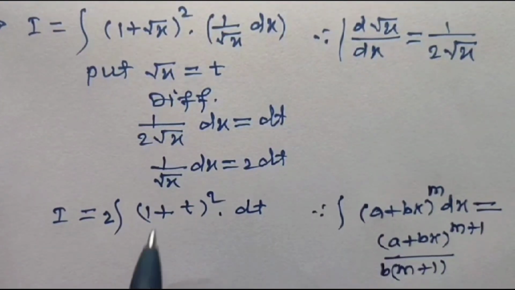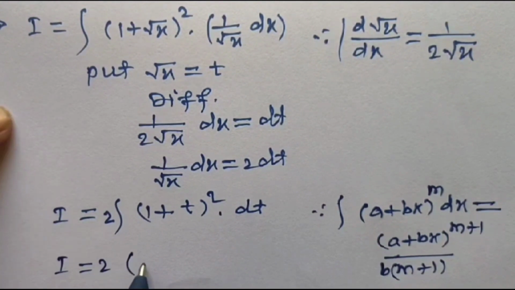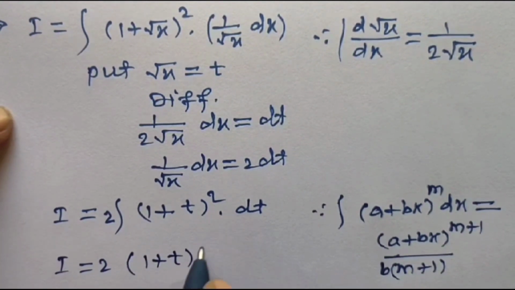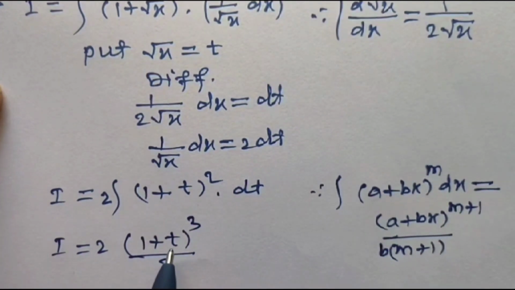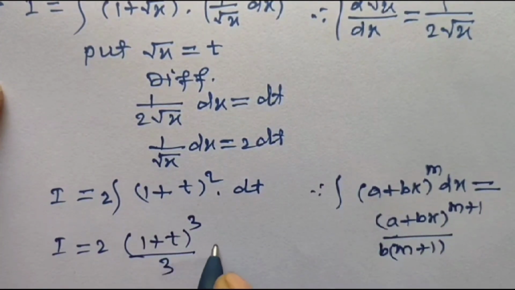This is a linear polynomial, 1 plus t is a linear polynomial, so you can apply this formula. So I is equal to 2 into 1 plus t to the power 2 plus 1, that is 3, divided by 3, and the derivative of 1 plus t with respect to t is 1, so plus c.